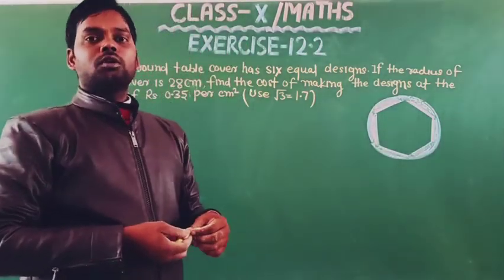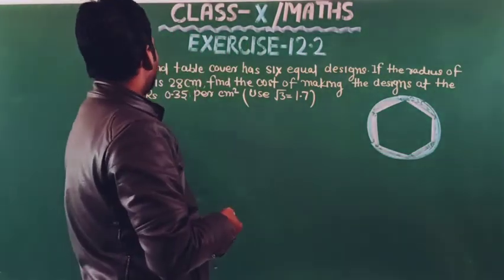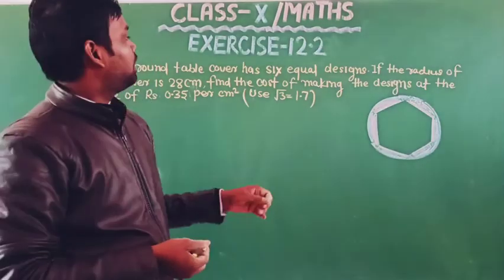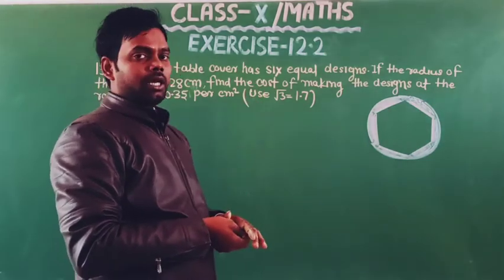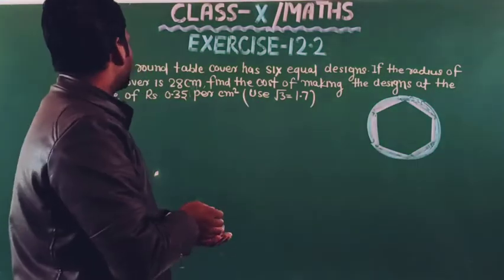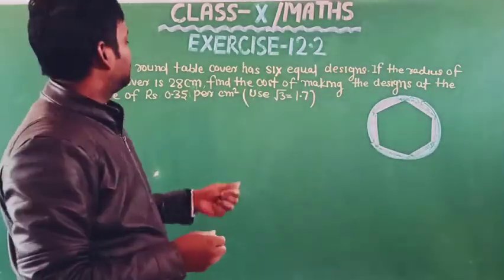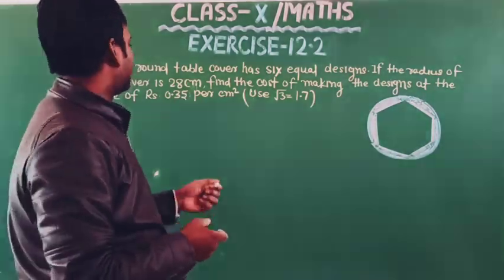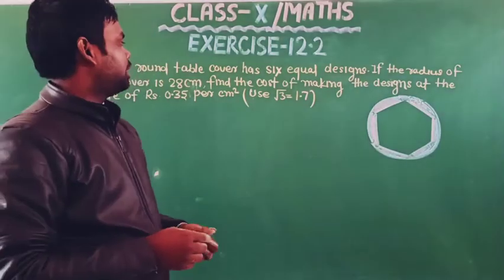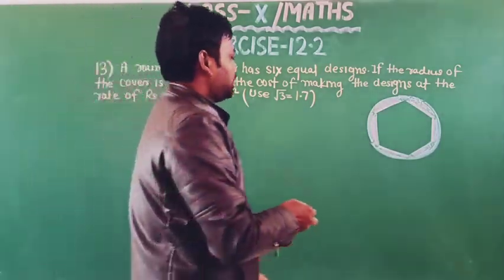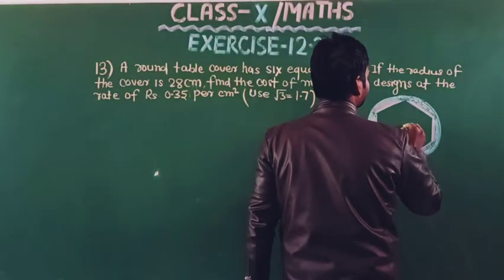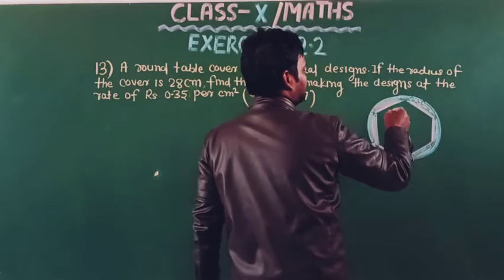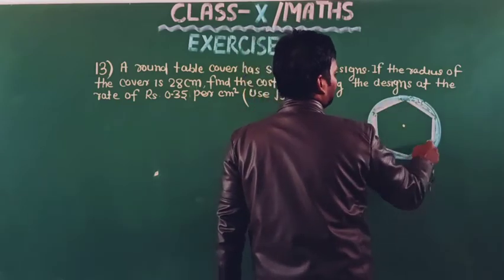Okay, so we have a round table cover with 6 equal designs. The radius of the cover is given to us, which is equal to 28 centimeter. Then find the cost of making all the designs at the rate of 0.35 per centimeter square. Here we have a circular table with 6 equal designs: 1, 2, 3, 4, 5, 6.